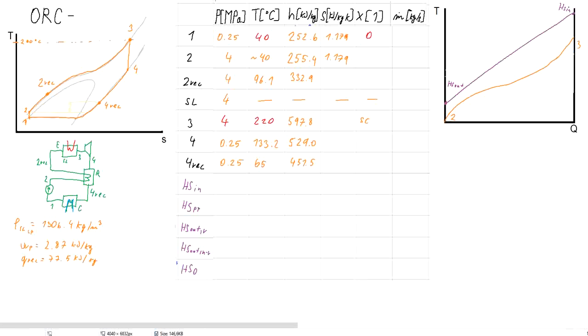So the calculation principle of the mass flow rate of the working fluid will be, in the non-recuperated case, same as for the MM.